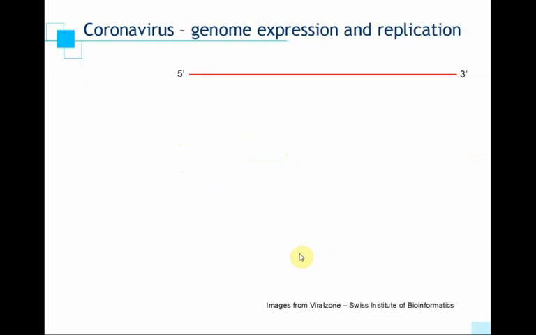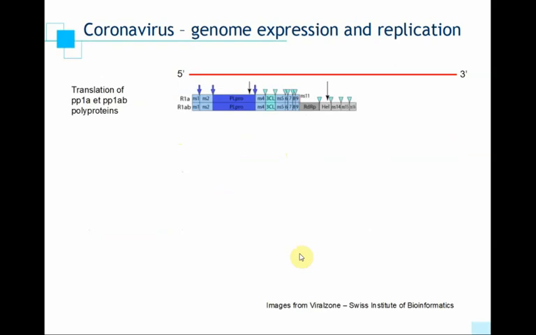So how does this happen? Well, the first thing that happens is the genome gets into the cytosol, so the host cell ribosome is going to start translating it. This will allow these two polyproteins, PP1A and PP1AB, to be produced. Polyprotein, what does that mean? That means you've got all these different proteins coded on the same mRNA, so when it comes off the ribosome, they're all joined together.